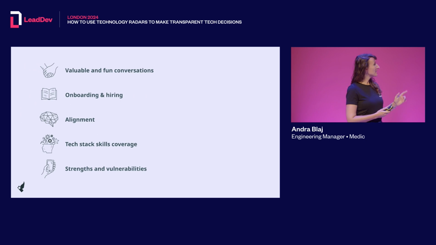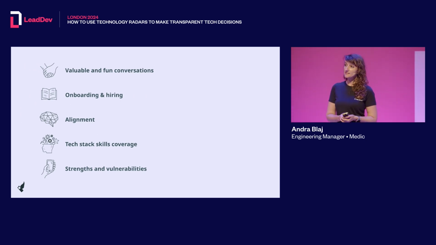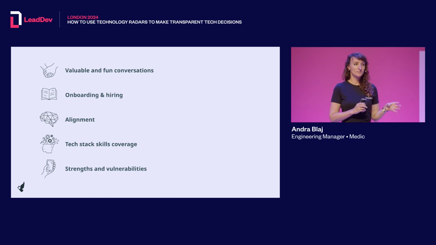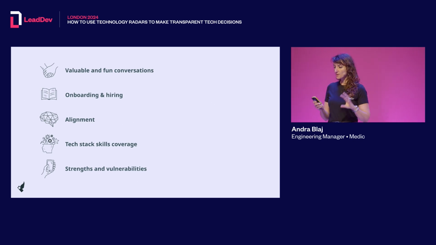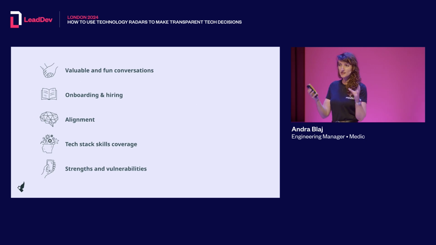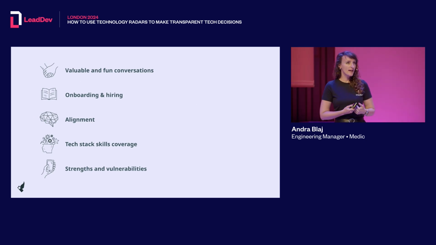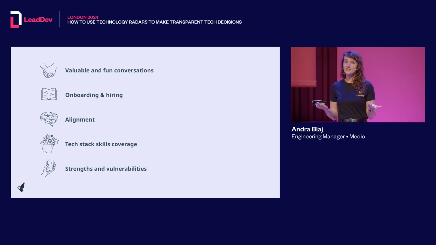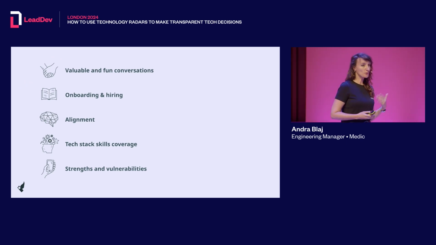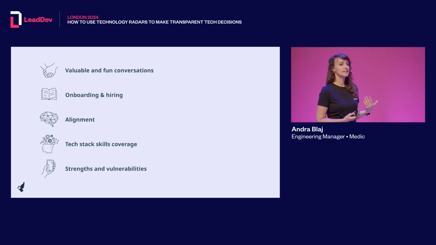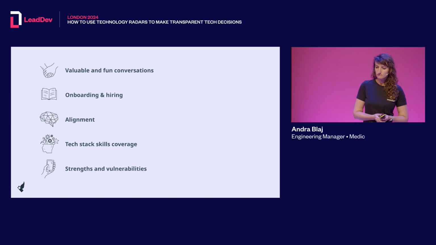And one area that I really found surprising is that it helped identify gaps in our tech stack coverage skills from the team, meaning that we noticed that we had Kubernetes as a technology to adopt, and then we realized that there were a lot of engineers who were not comfortable with using Kubernetes. So that gave opportunities for professional development and training in the team.